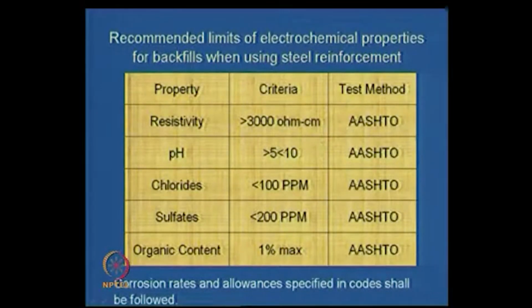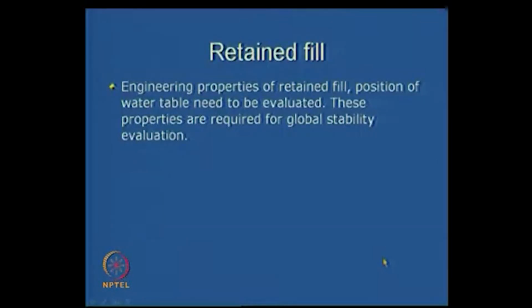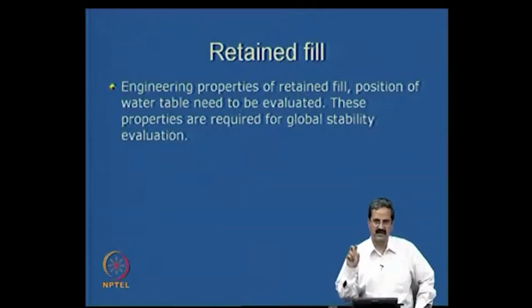These rates of corrosion, and the allowances or thicknesses you need to provide, are specified in codes, okay. For example, the BS 8006 code is very good. It gives information. So, this is about reinforced soil wall fill, okay.